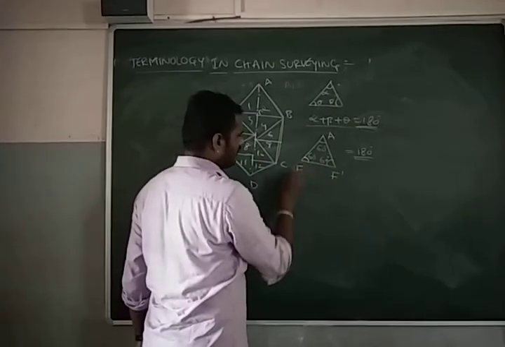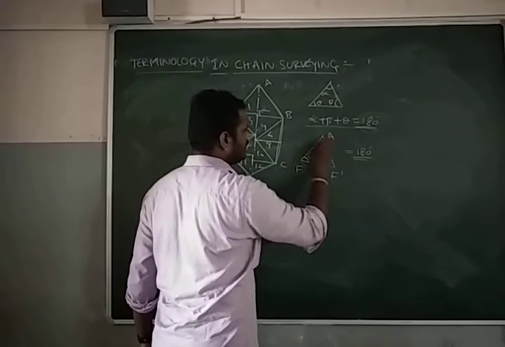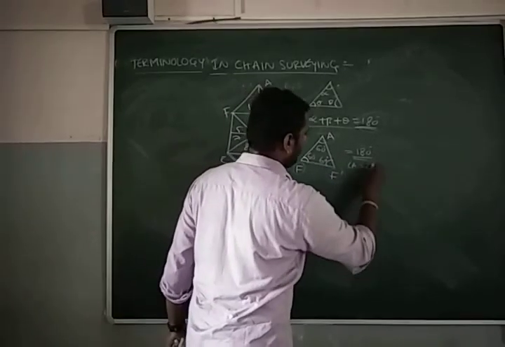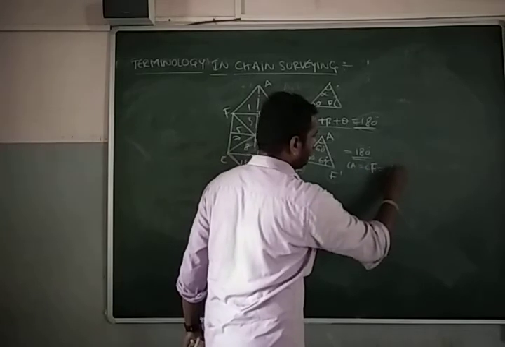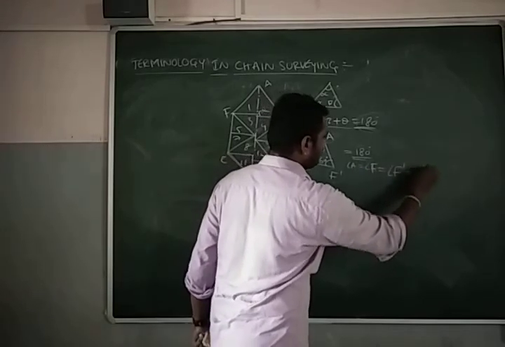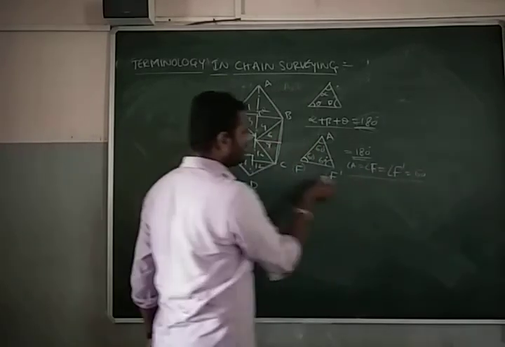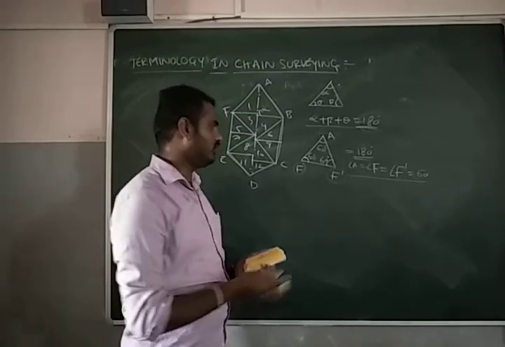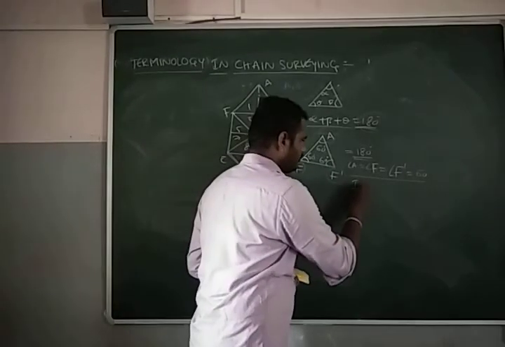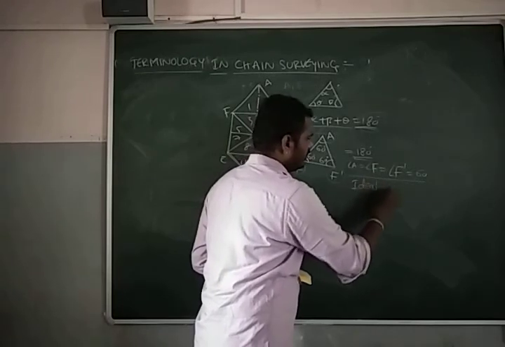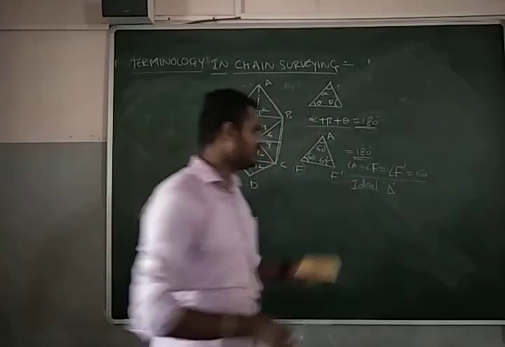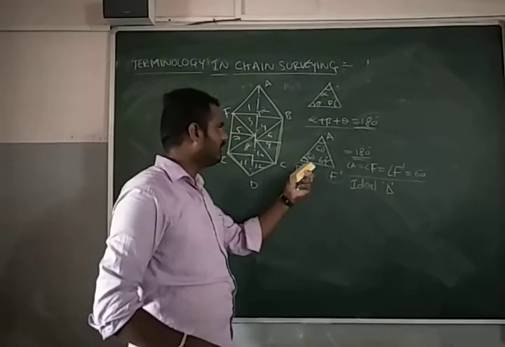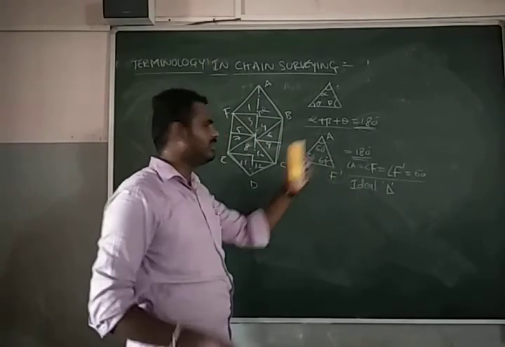So at every corner the angle is equal. Angle A is equal to angle F, which is equal to angle F dash, which is equal to 60 degrees. Therefore we can call this triangle an ideal triangle. In this ideal triangle, you will be having all the interior angles the same.